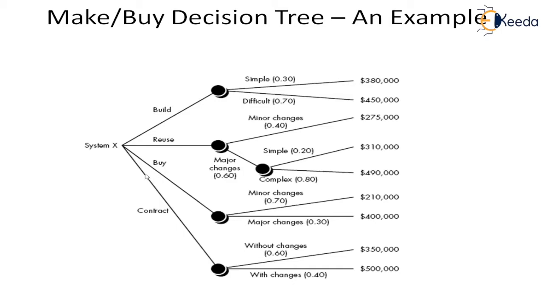And contract, if you do contract, then you have to determine what is the probability that there will be a major change and what is the probability that you will have a minor change. Similarly, for the reuse, what is the minor change probability and what is the major change probability? It depends on what you are using. So in this particular example, it is shown like that.